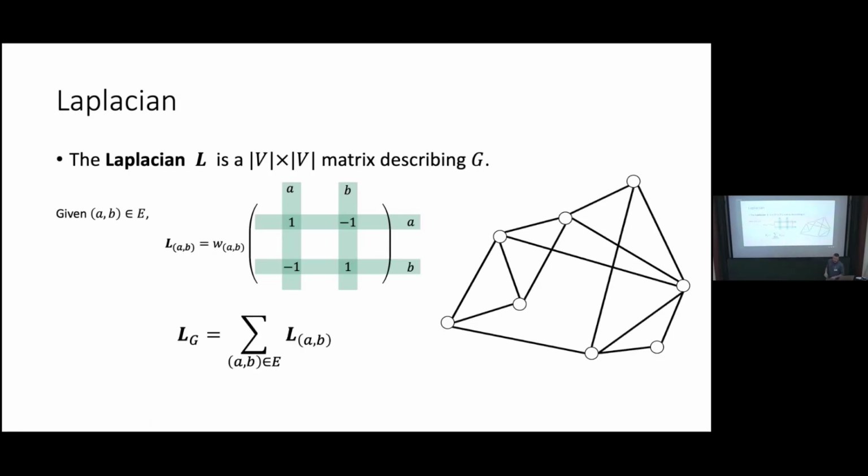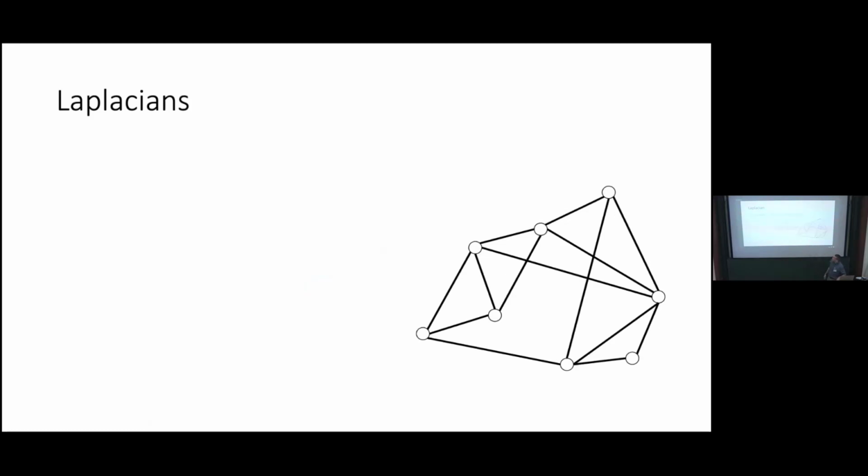Then in order to obtain the Laplacian of the entire graph, we just take the sum of all these matrices.